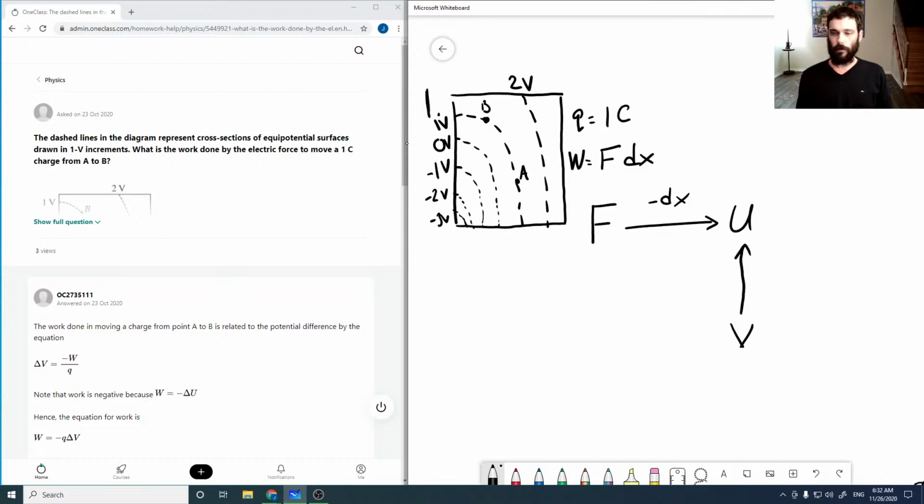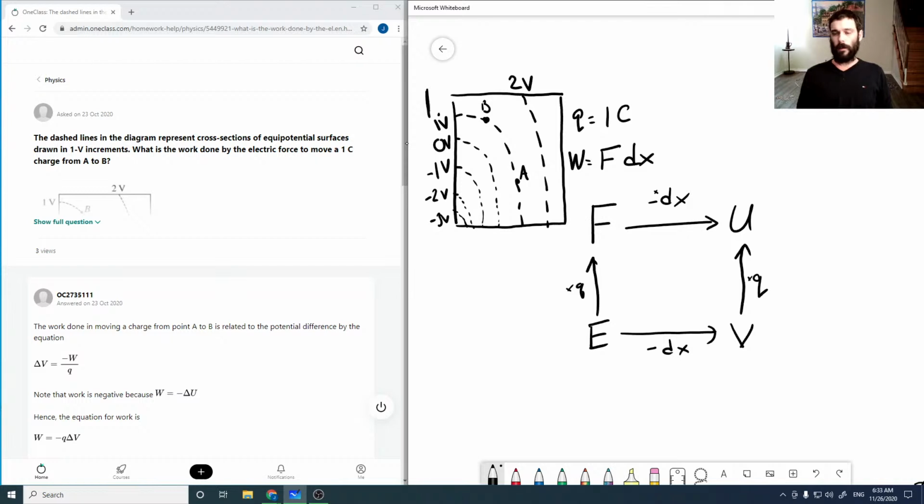Potential is related to potential energy by a multiplication of charge, and it's not super important for this one, but it completes the square. Multiplication of charge takes you from electric field, and electric field goes to potential with multiplication of minus dx.